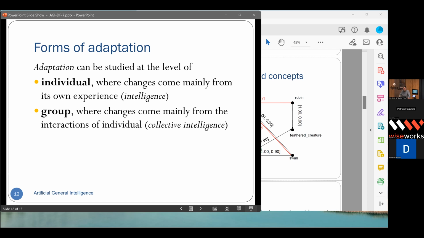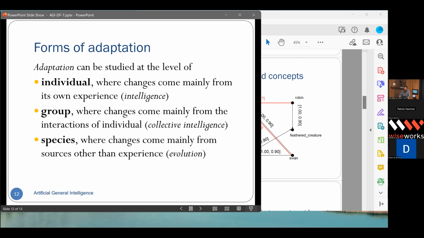Of course we do, but it cannot be too much. Otherwise it will drive you crazy. For a group, there is a much higher tolerance, which is both a good thing and a bad thing compared to an individual. For some tasks, that works better. For some other tasks, it will just mess up everything. We all know that. But that's a form of adaptation, which is related to the individual, but not the same thing, which is commonly called collective intelligence or group intelligence.